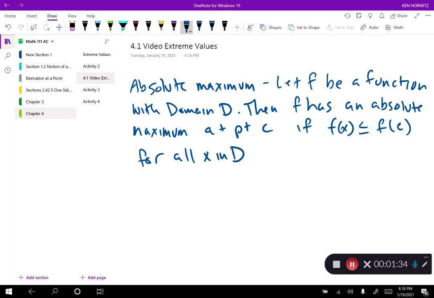So basically what it's saying is there's an absolute maximum if there is a point at the highest possible point in the function. If this is a real number and it's higher than every other point in the function, it's an absolute maximum.